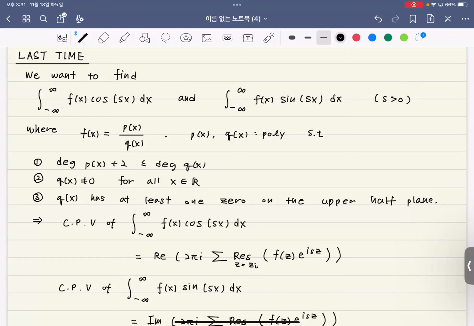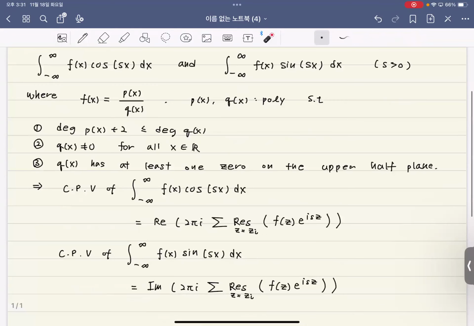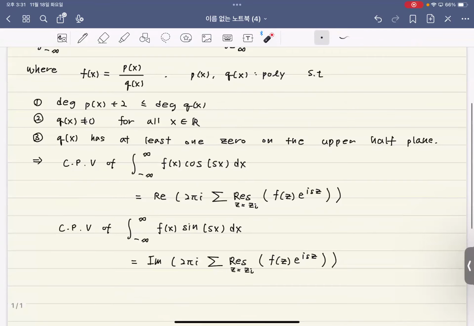And it turned out, in this case, the Cauchy's principal value of this guy was the real part of the summation of all these residues. And this guy is the imaginary part of this.